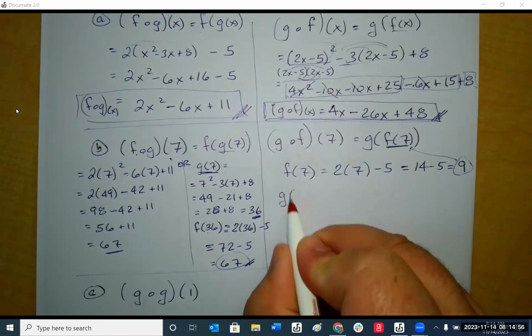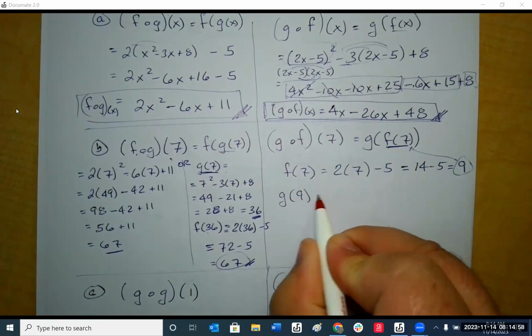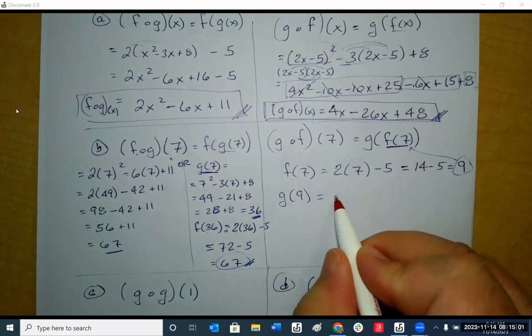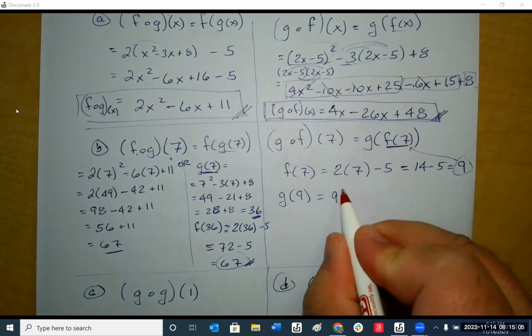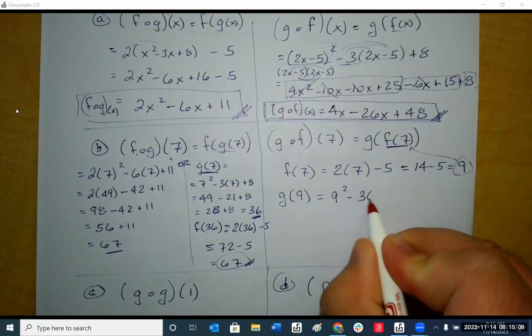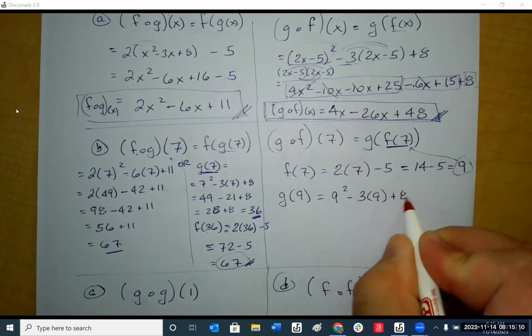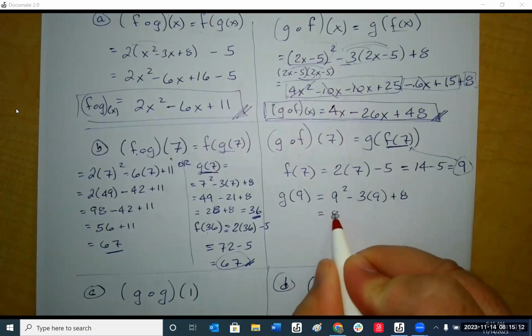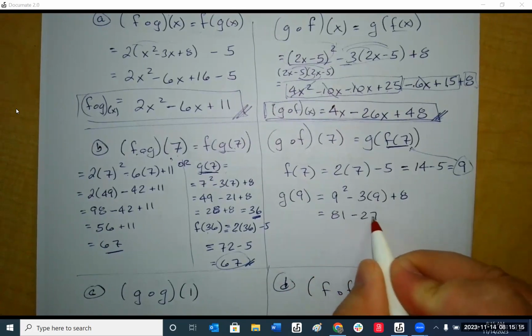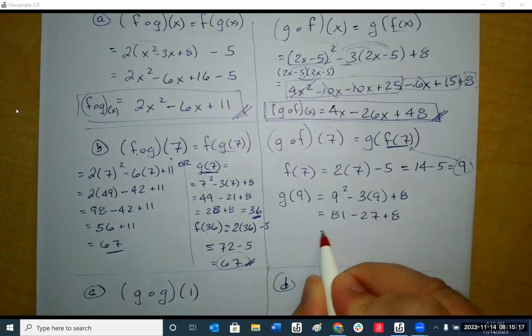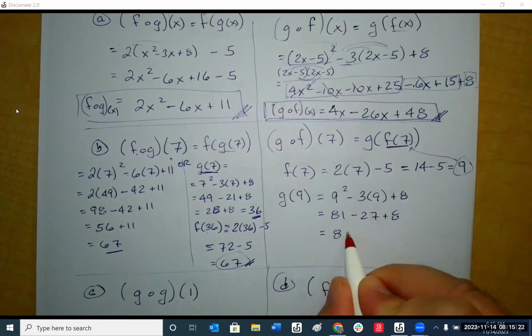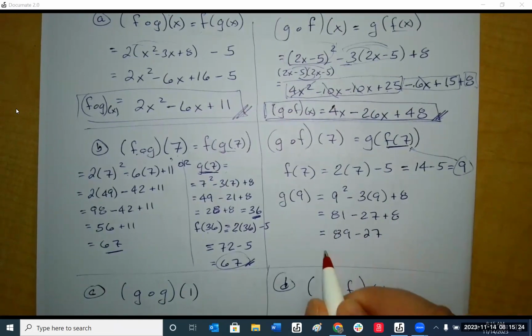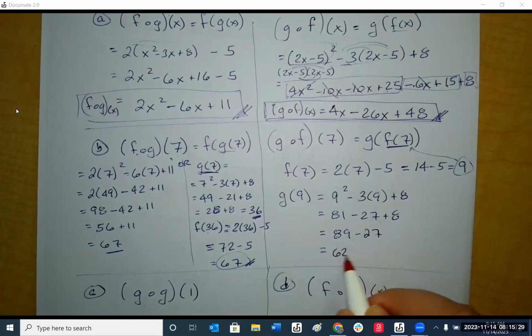So I put g of 9. g is x squared minus 3x plus 8, so it's 9 squared minus 3 times 9 plus 8. 81 minus 27 plus 8. 81 plus 8 is 89, minus 27 is 62.